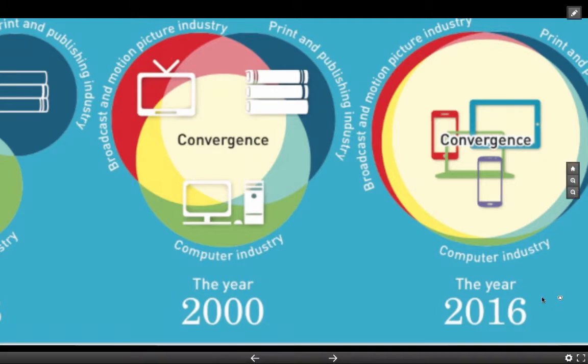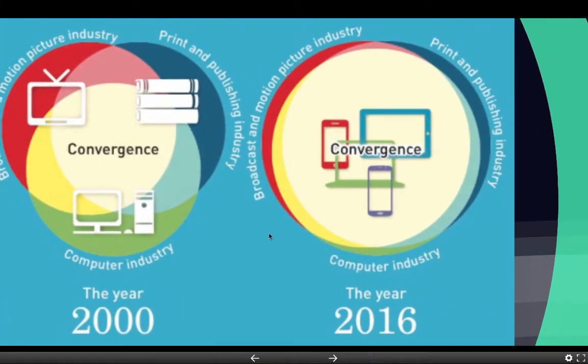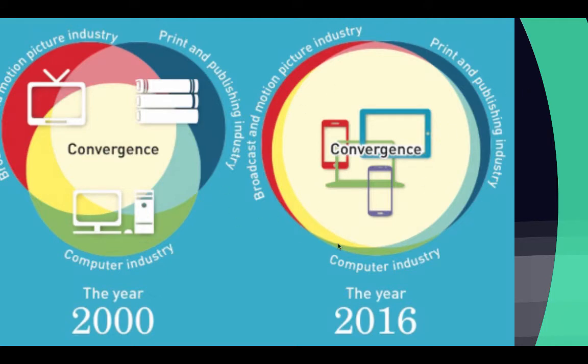And right now this is how it looks. There is so much overlap, we can hardly distinguish what happens with these three industries, and this is precisely what convergence is. We are looking at the melding of the communication industry, the computer industry and the electronics industry, all coming together and overlapping so much that media which were independent by themselves a few decades back are now hard to distinguish from other media.